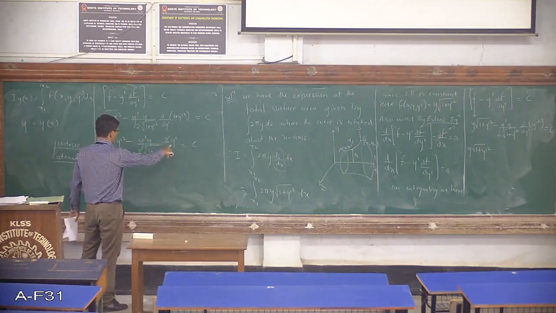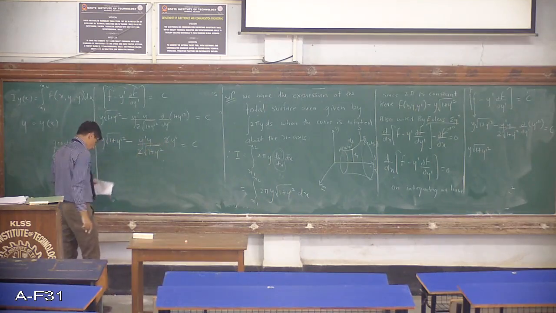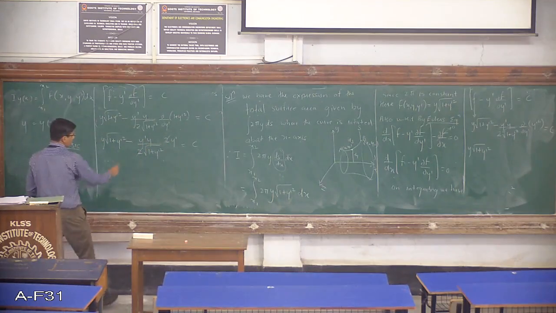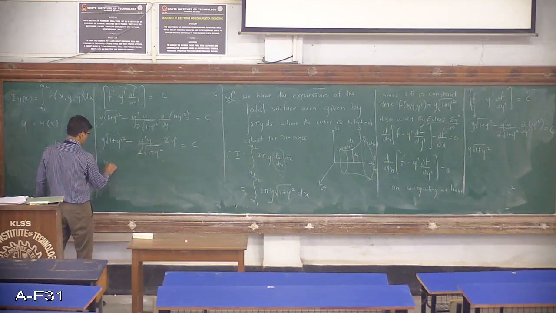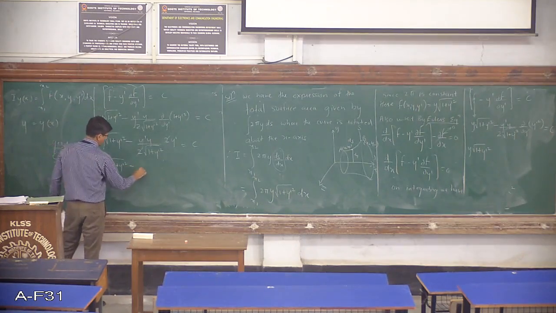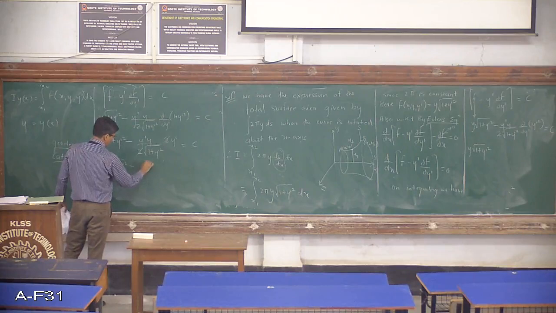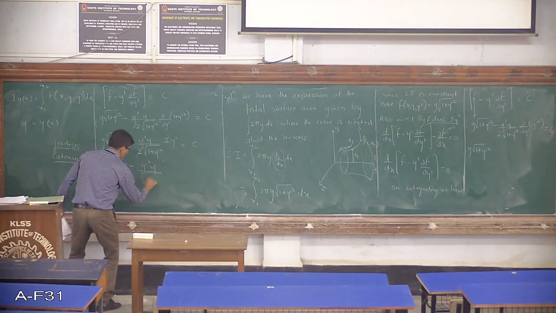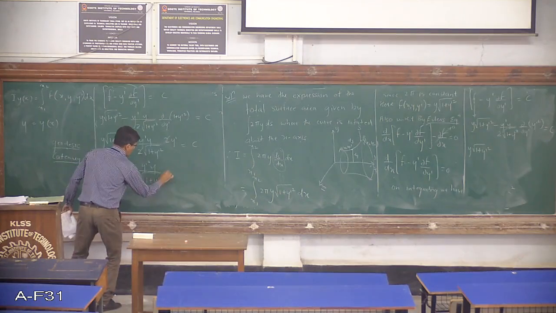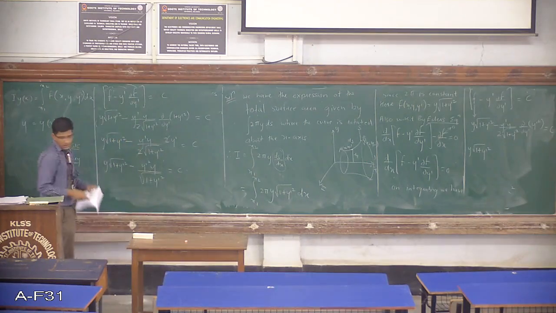So this y, and here I hope it is y1 square, it becomes y1 square. So this is y, am I right? Yes: square root of 1 plus y1 square minus y1 square y divided by square root of 1 plus y1 square equal to c, right?